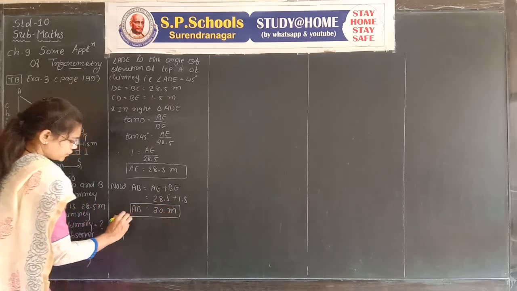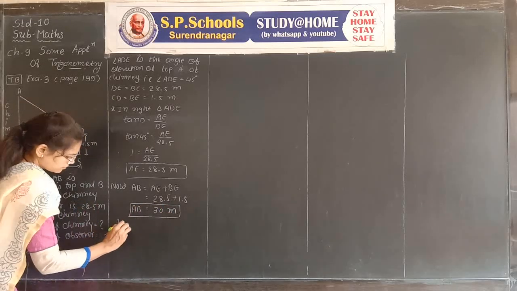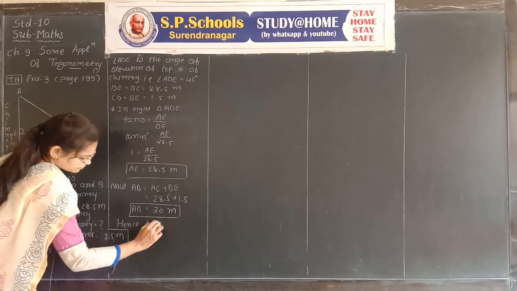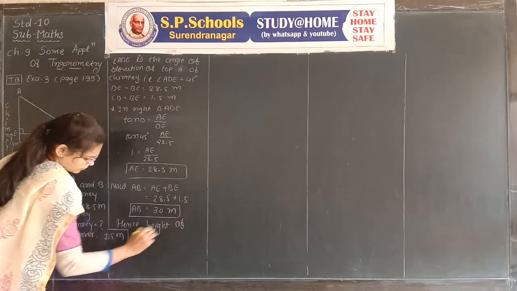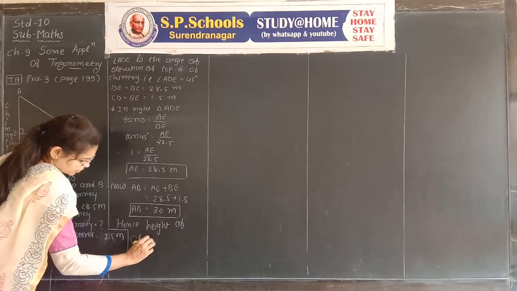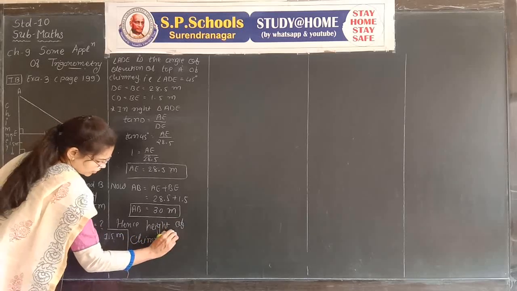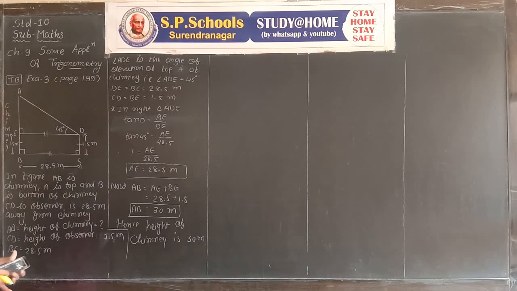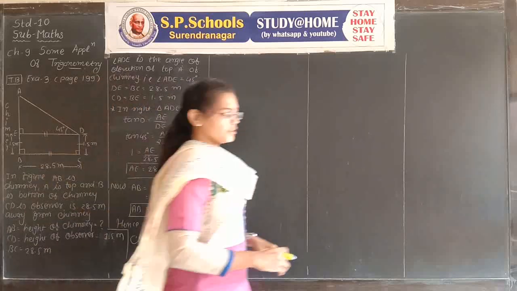AB is the height of chimney. Hence, height of chimney is 30 meter. Hence the example number 3 is completed here.